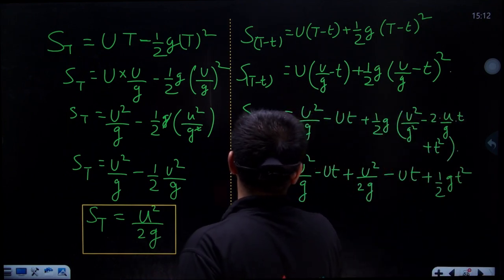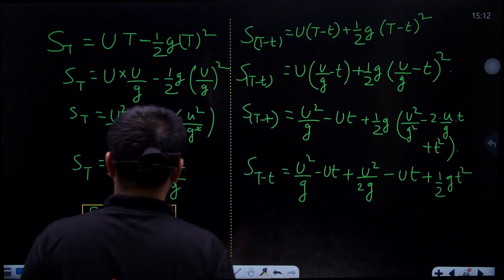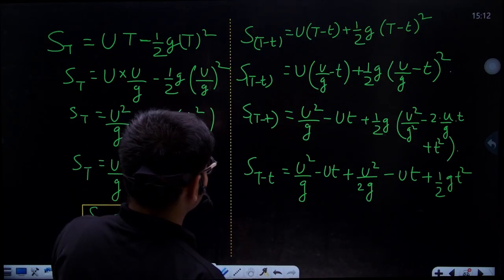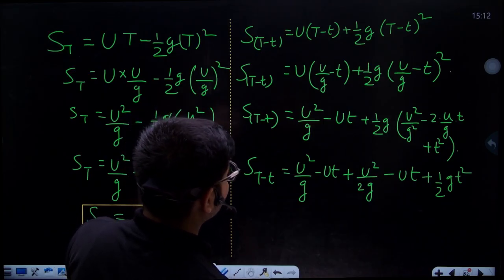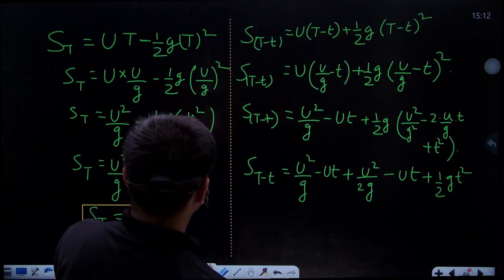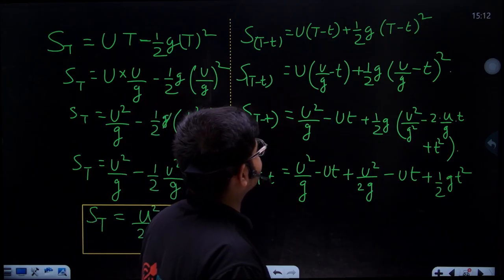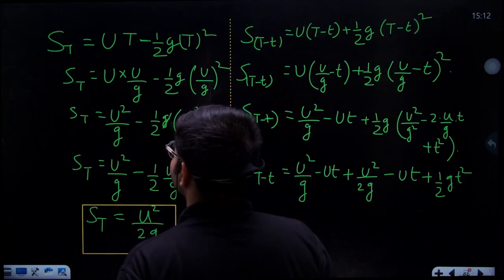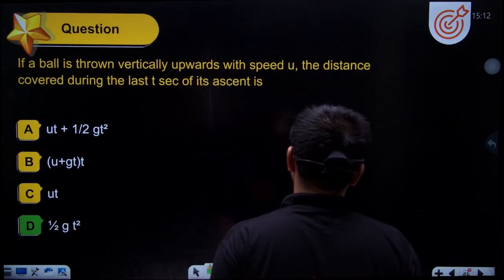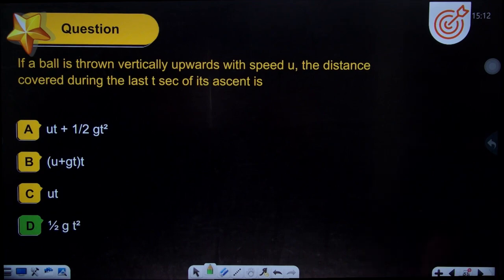So this is S(T minus t). If you now subtract this from St, then ultimately you will get half g t square. Please do it yourself. You will get this value as half g t square.